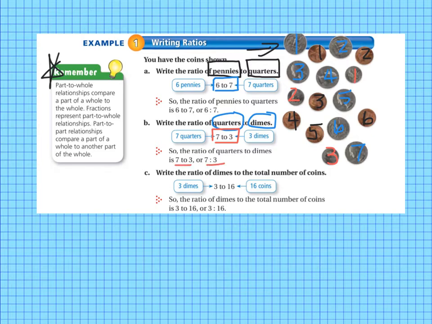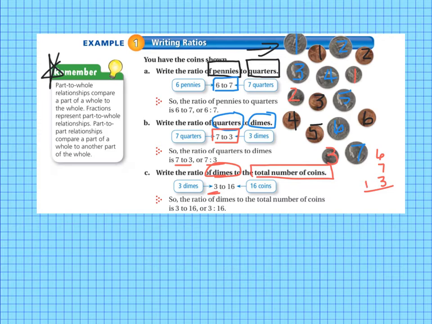Then we're going to write the ratio of dimes to the total number of coins. So we write a 3 for the dimes, and then we add up our total number of coins. So we had 6 pennies, and we had 7 quarters, and we had 3 dimes.